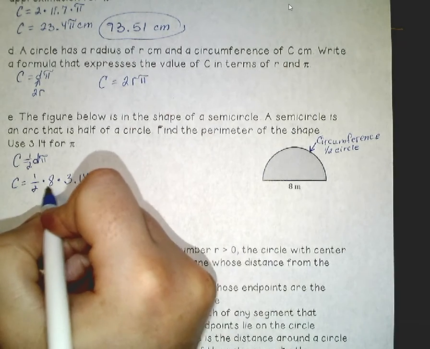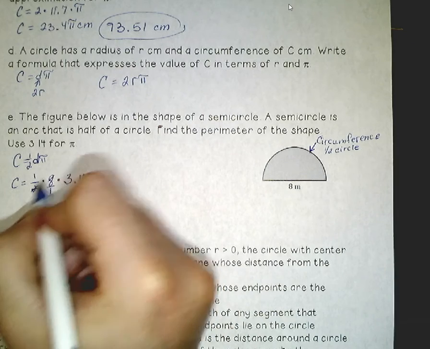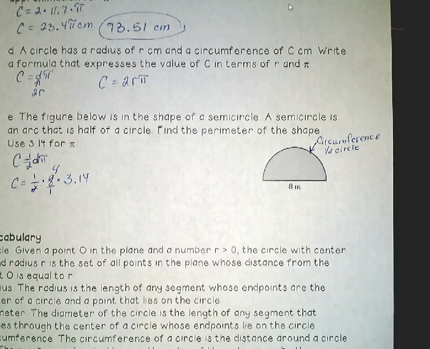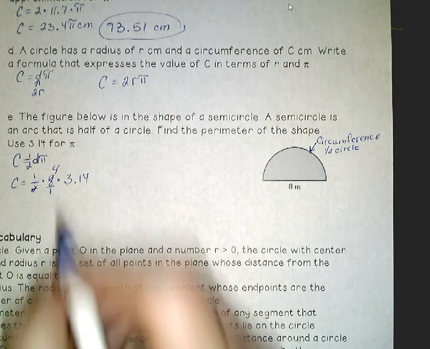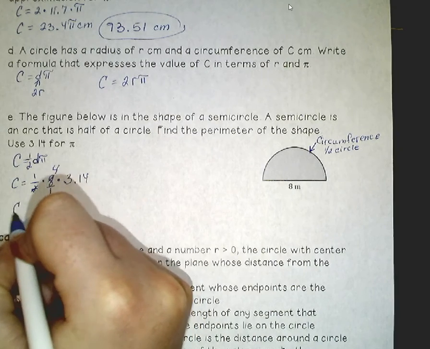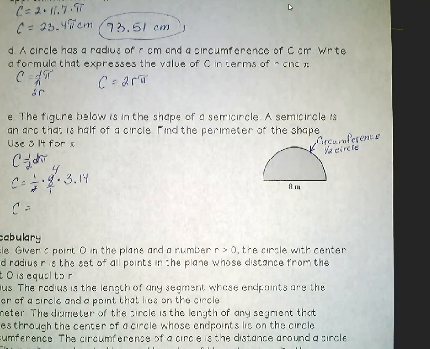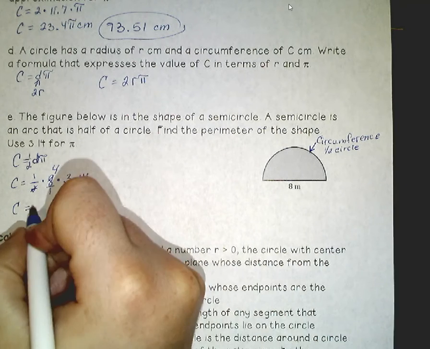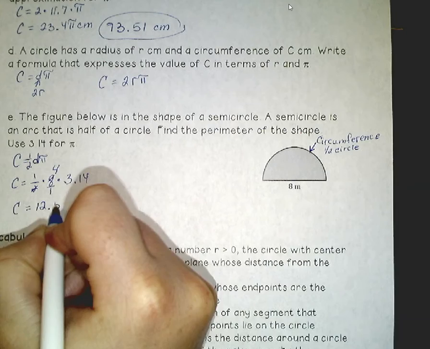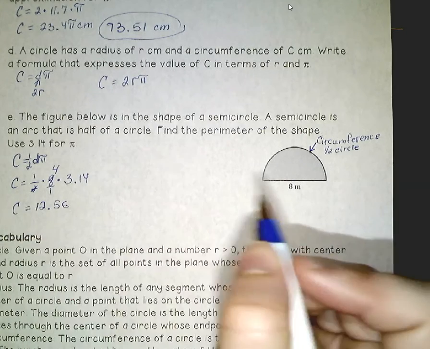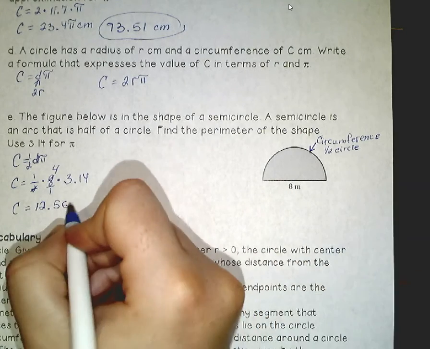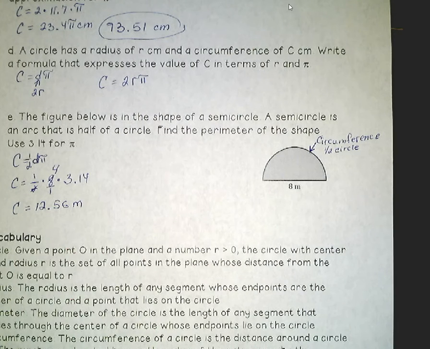When I multiply 1/2 by 8, I will get 4. Now I'm multiplying 4 by 3 and 14 hundredths. 4 times 3 and 14 hundredths is 12 and 56 hundredths. And that is going to be in meters. All right.